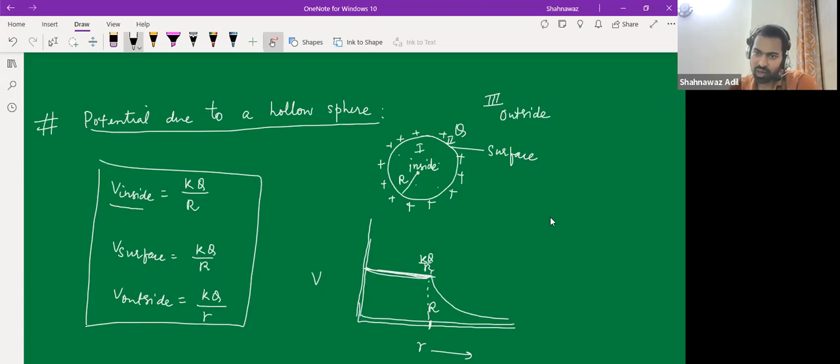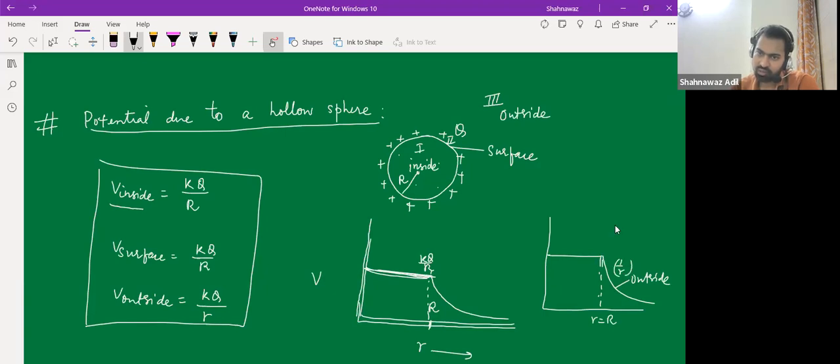Okay, so the graph of a hollow sphere is this. So this is R equal to R surface, and this is the outside region. For the outside region, this varies as 1 over r.